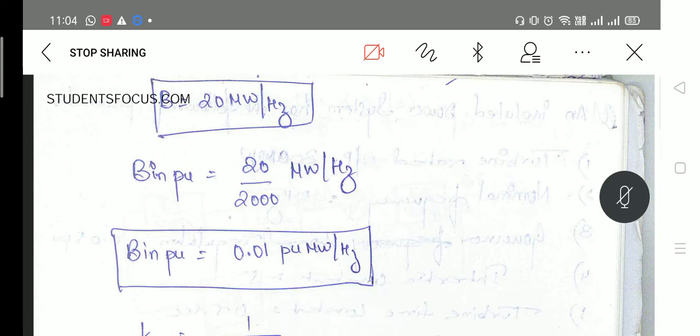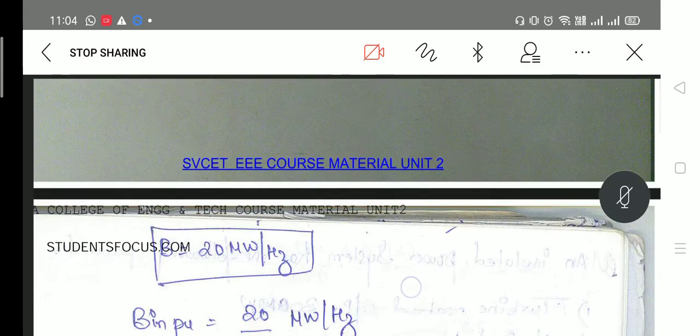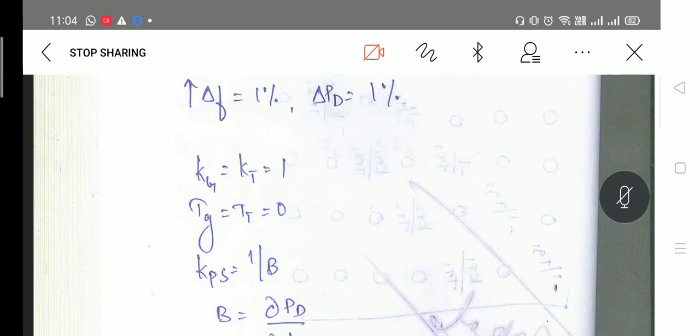Next, we are taking the B in per unit. B in per unit is B by PR, that is 20 by 2000. PR value is here 2000.